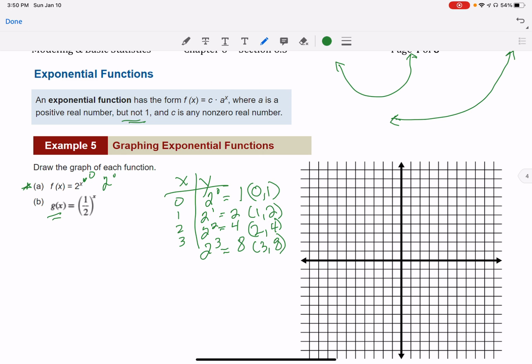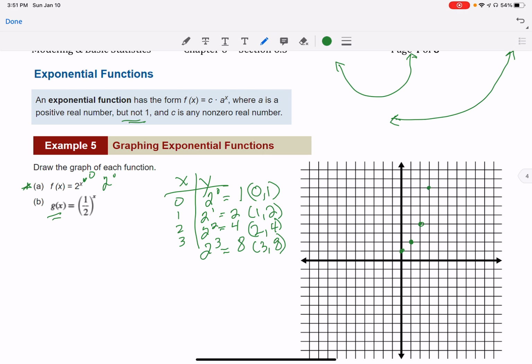So I'm going to put those on my graph. (0, 1): when x is 0, y is 1. When x is 1, y is 2. When x is 2, y is 4. When x is 3, y is 8.